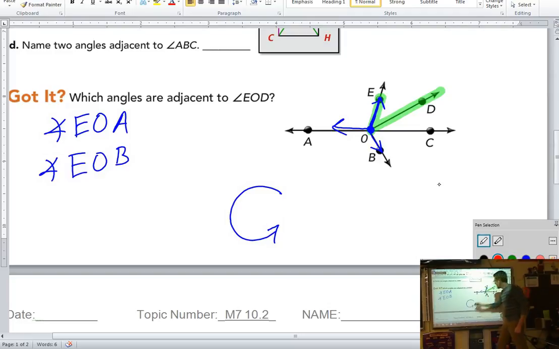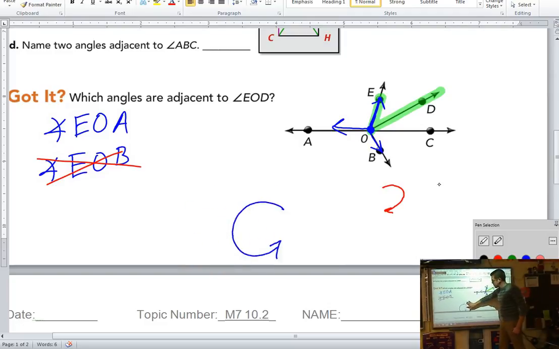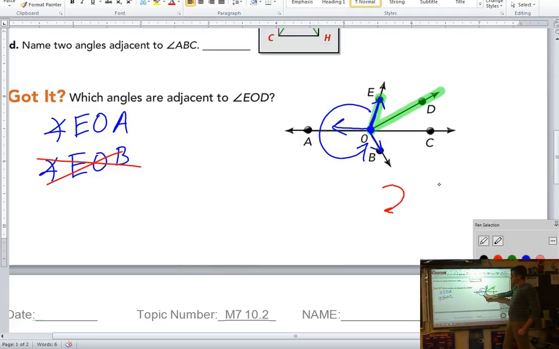It would be this arc angle, and that puts them overlapping. We can't use EOB. So if I'm using side EO, EOA is actually my only option, because once I go over 180, that is not actually proper. That's not what we're allowed to do. So all of our angle measures, we always talk about being under 180.